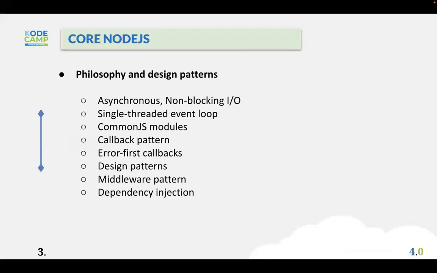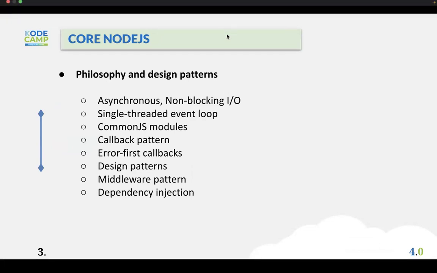And today, as I earlier mentioned, the class won't be long enough. So what we learned today, we iterated over the philosophy and design patterns of Node.js, where we looked at asynchronous and non-blocking I/O.